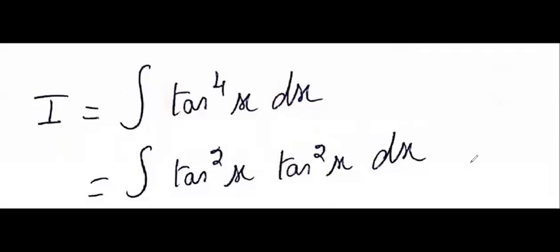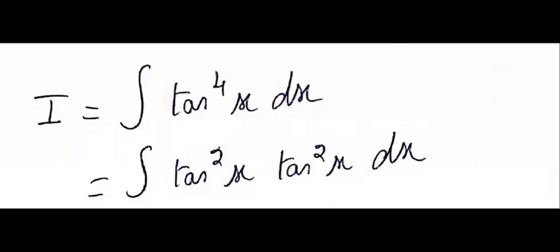Now what I do is that one of these two, I write it as secant squared minus 1, not both of them, because when I have secant squared, I need next to it tangent or a power of tangent, or I need it alone.